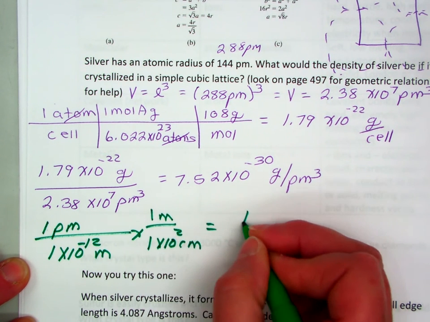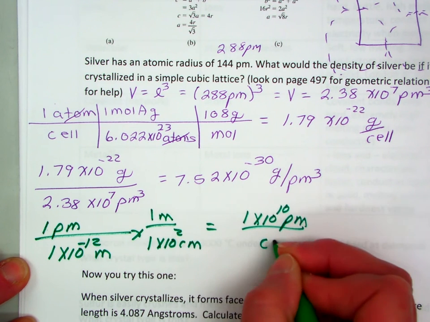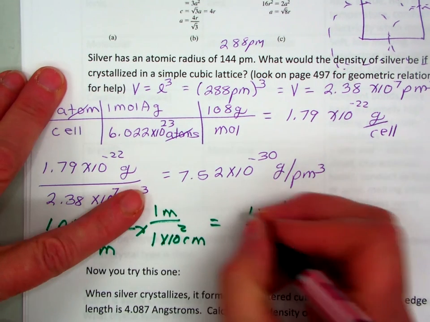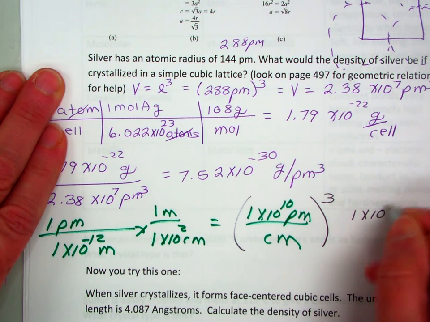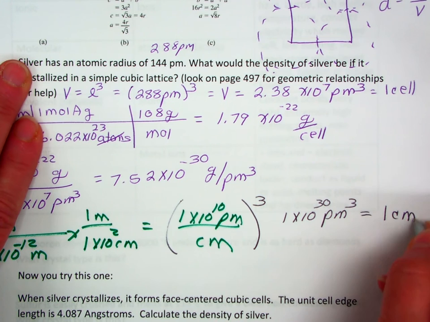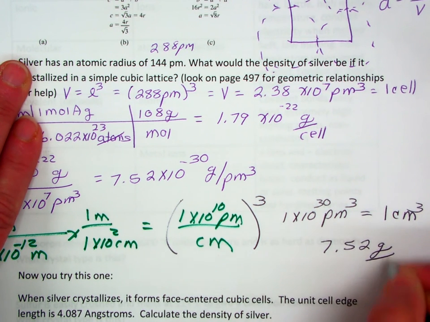So that means that there's 1 times 10 to the 10th picometers per centimeter. So if I want to switch this over to cubic, I just cube this whole thing. So 1 times 10 to the 30th cubic picometers is equal to 1 cubic centimeter. So it would be 7.52 grams per cubic centimeter.